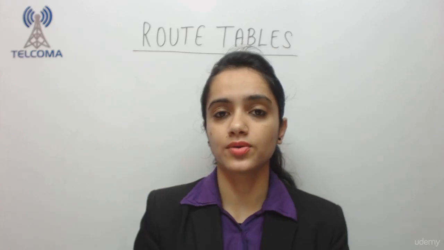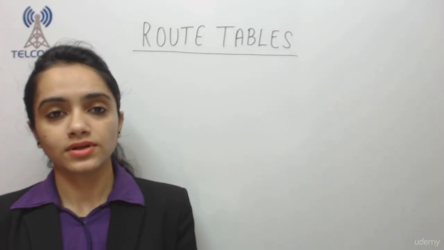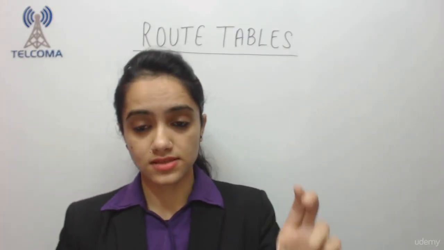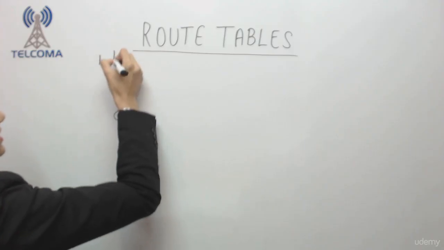Today in this class we are going to discuss route tables. So what is a route table? A route table is basically a logical construct within Amazon Virtual Private Cloud.